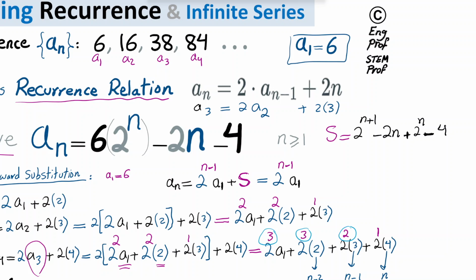a_1 is 6. So let's keep it now. a_1 is 6. So I'm going to use that times 6. And then we have plus the rest of them.